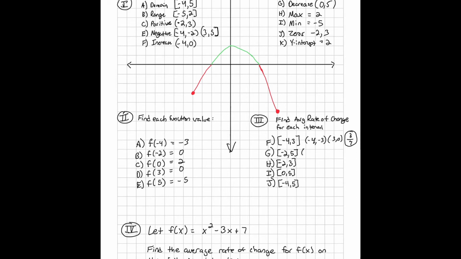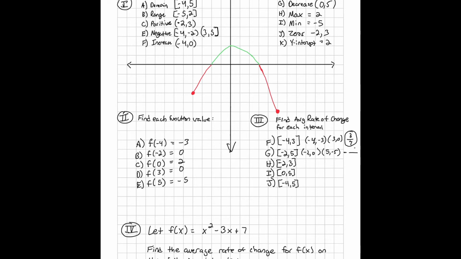G, you're going from -2, 0 to 5, -5. That's going to be a negative slope. It's going downhill. The rise distance is 5.